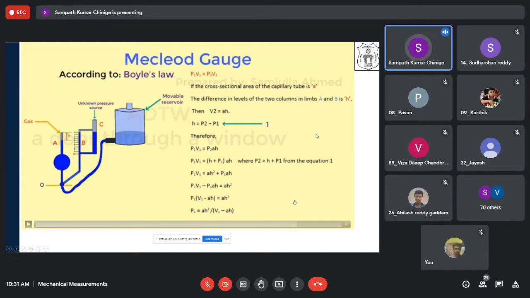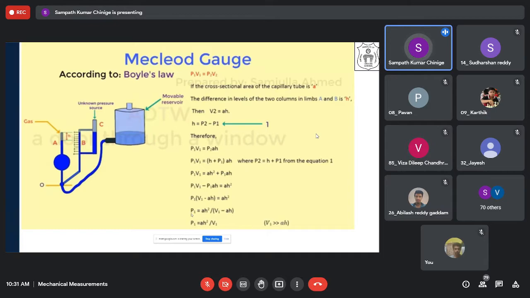So since V1 is very much greater than AH, taking out AH, or not subtracting AH, my expression becomes... a little error may come, but that is not significant enough. So this expression can be written as: the unknown low source pressure P1 is equivalent to the area of the capillary tube times the manometric height H squared, divided by V1.